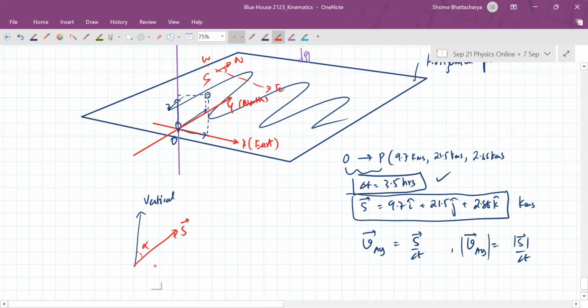Or if you have studied direction cosines, this angle is called gamma because this is the z axis. So the angle that it makes with the horizontal is 90 minus gamma.